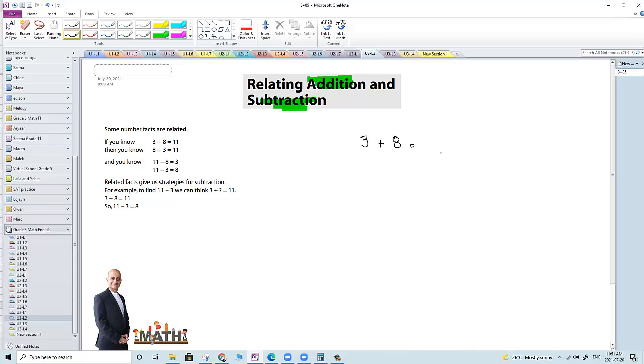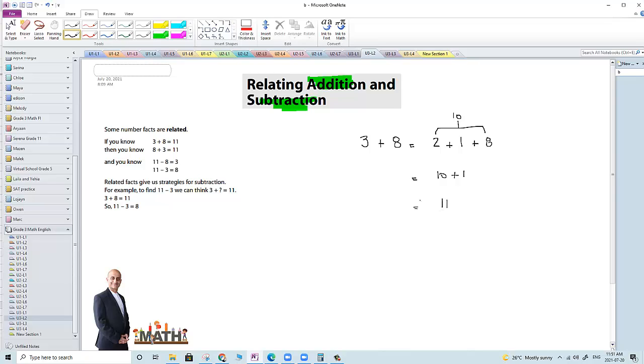We said before, I can create a 10, so if I have the 3, I can break it into 2 and 1, and after that 8. Someone will ask why you are doing that. Because I need to create a 10. I know that 8 plus 2 equals 10, so 10 plus 1 equals 11.